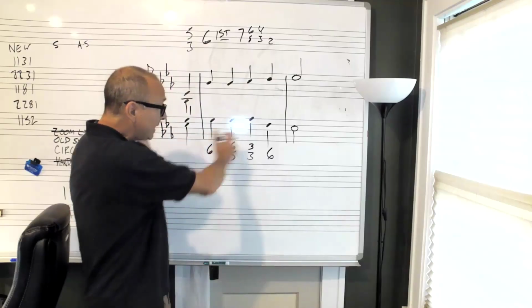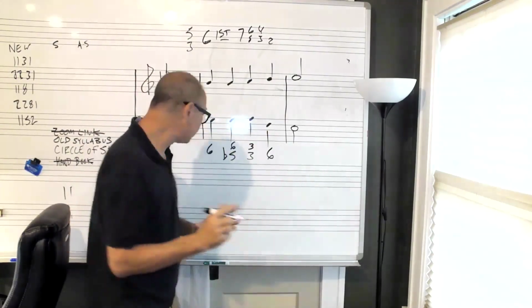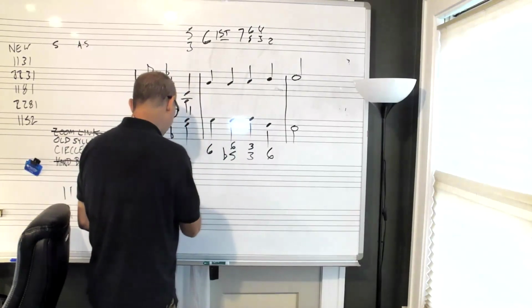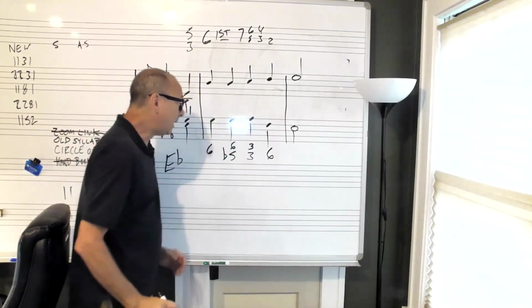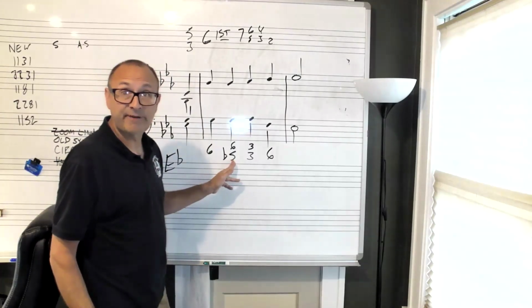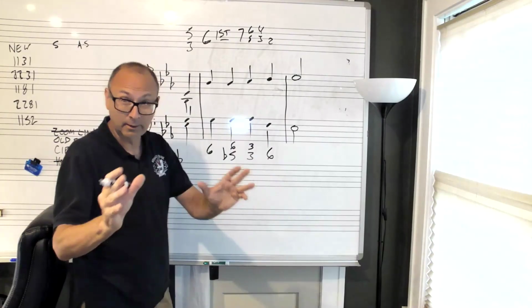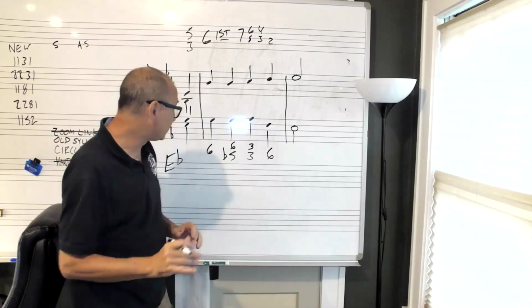All right, so when we take the lay of the land, before I even start the exercise, I'm going to look at this carefully. I see here that there's a 6 and a 5, so I know that there's some kind of 7th chord here. I'm not going to worry about it just yet.